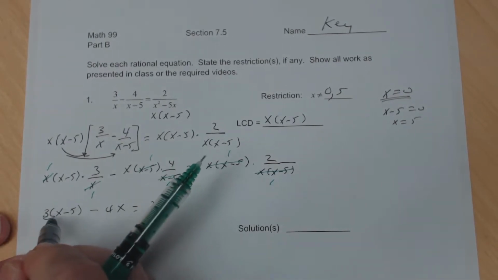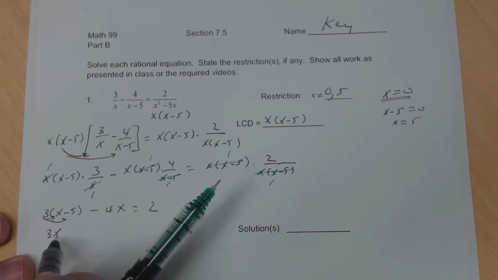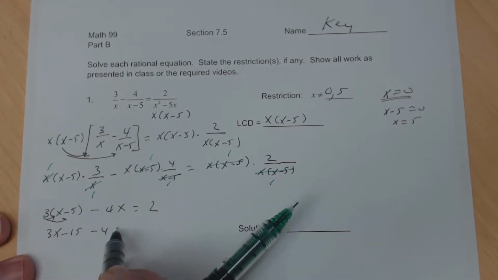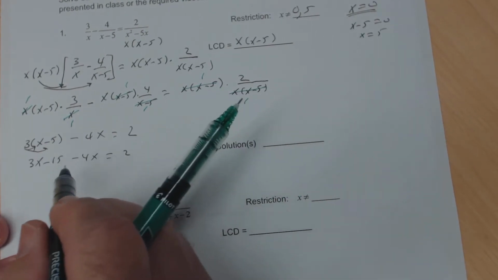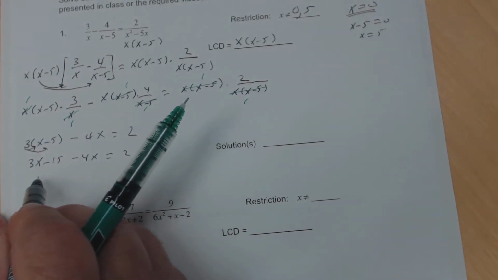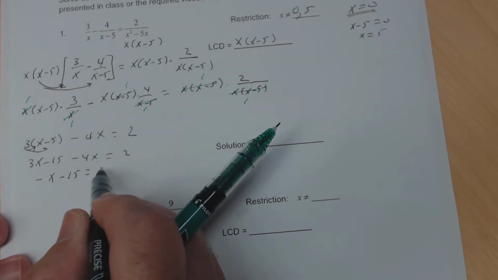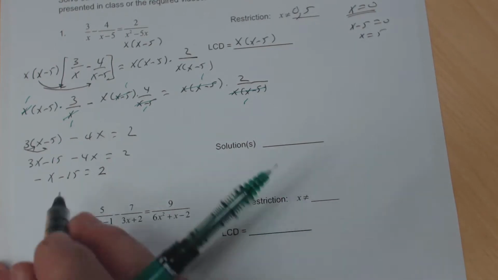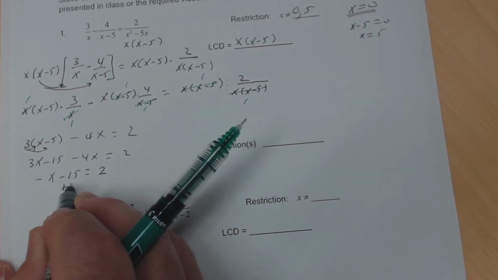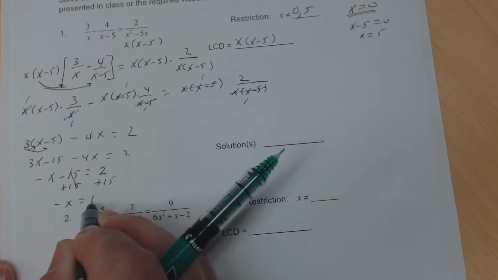And now distribute the 3 here. I'm going to get 3x minus 15 minus 4x equal 2. And then combine like terms, I'm going to get negative x minus 15 equals 2. And then adding 15 to both sides, I'm going to get negative x equals 17.